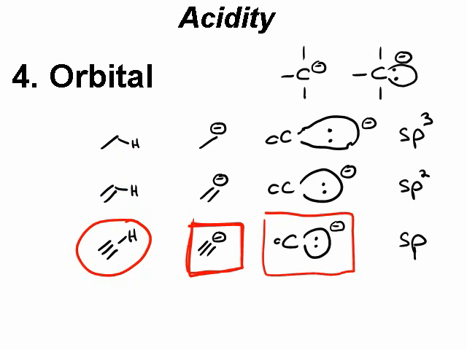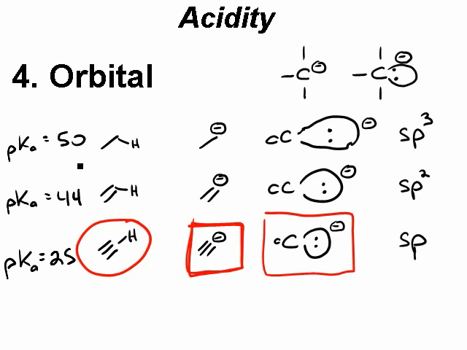In fact, if we compare the acidity of these 3 compounds, the pKa of acetylene is 25, the pKa of ethylene is 44, and the pKa of ethane is 50.